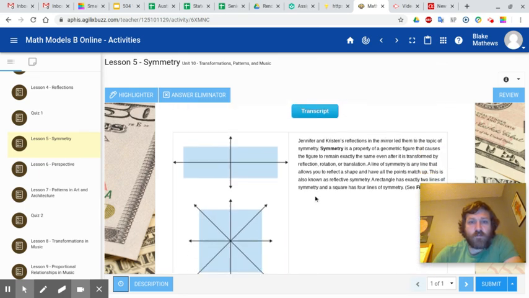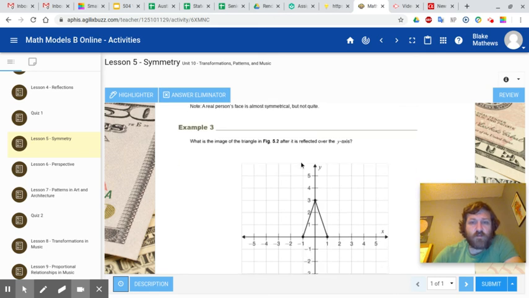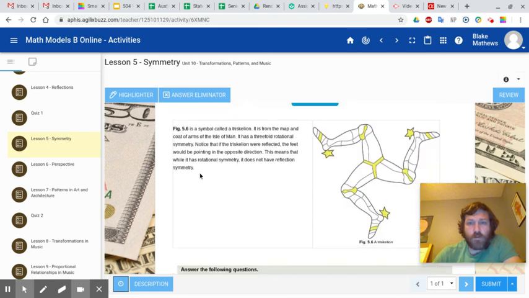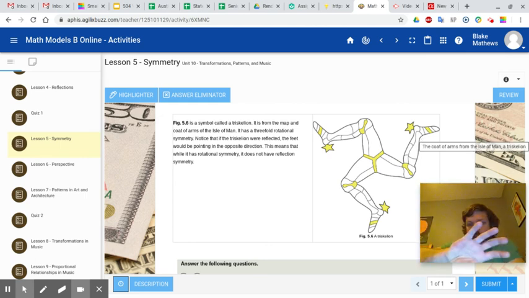Reflection symmetry is what you see here, where something is a reflection of each side. Rotational symmetry would be something, down here, where if you were to rotate that figure and turn it, it would meet up with itself.